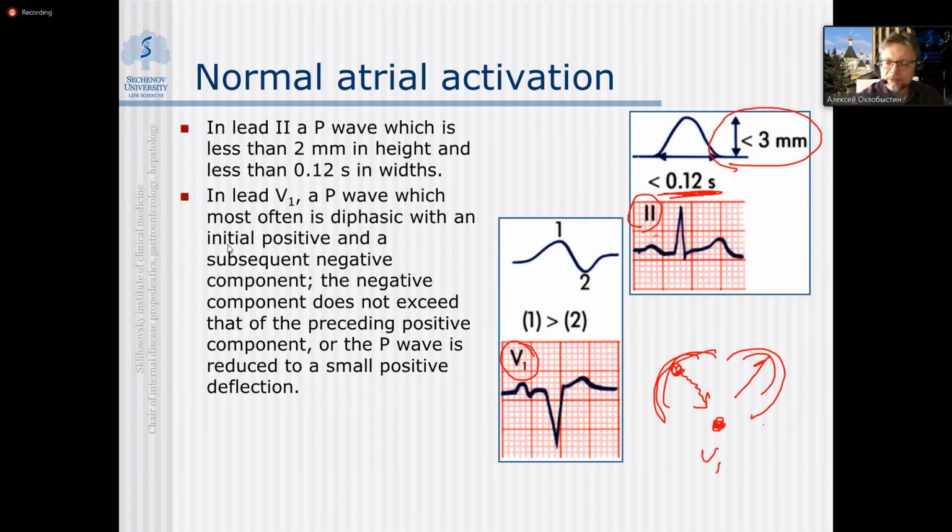The left atrium will be activated away from V1. And therefore, in a healthy patient with a normal heart, you'll get a first positive phase represented by the right atrium. It should be larger, both in amplitude and width. And second, a negative deflection, smaller again in amplitude and width, caused by left atrial activation.